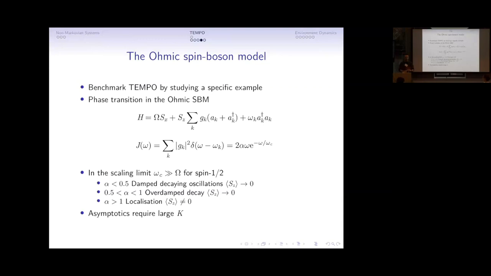So I don't quite understand what you mean that it has to remember the initial state for a long time. It has to do with non-Markovianity. I mean, if there is no environment, a quantum system will remember its initial state for a long time. Yeah, sure.